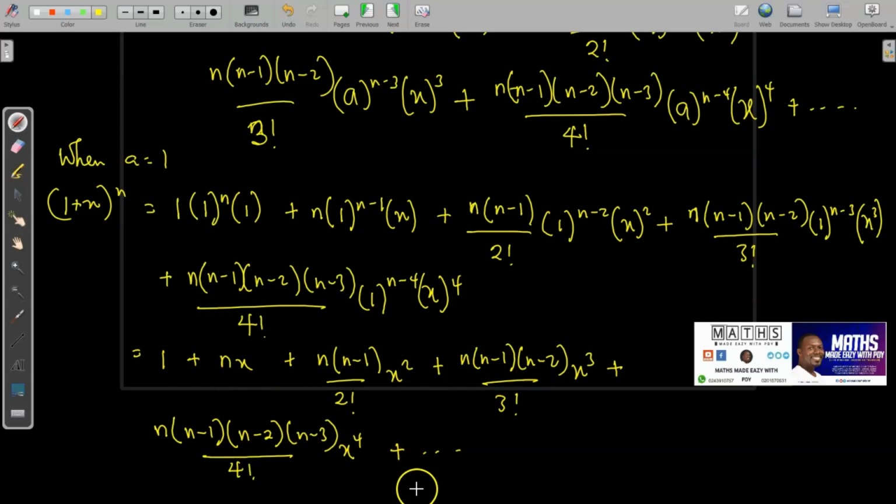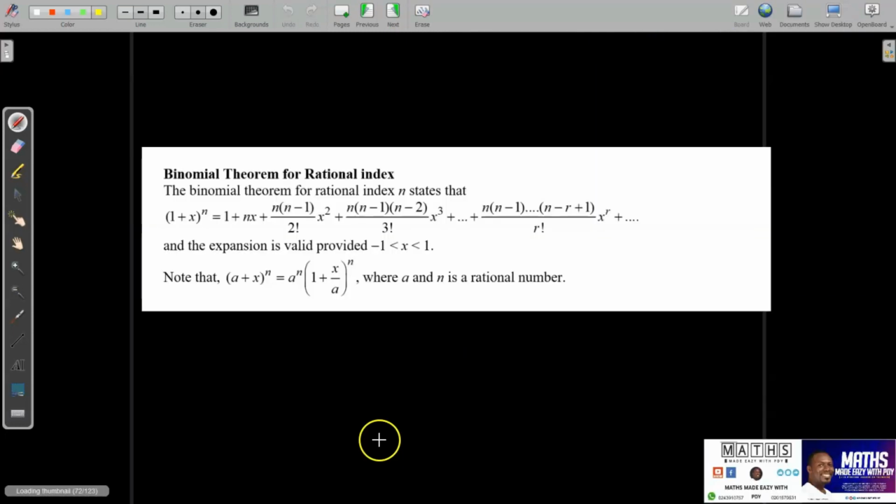So again, the binomial theorem for rational index is what we have here.